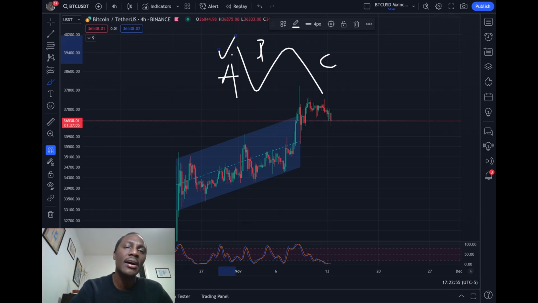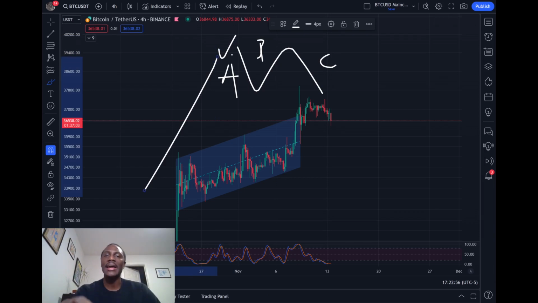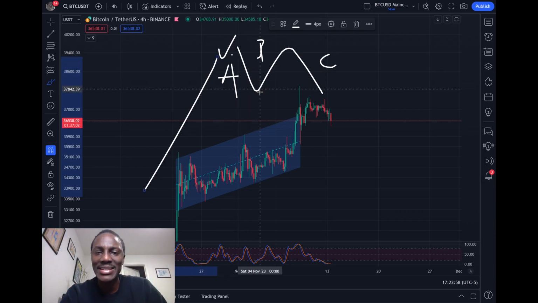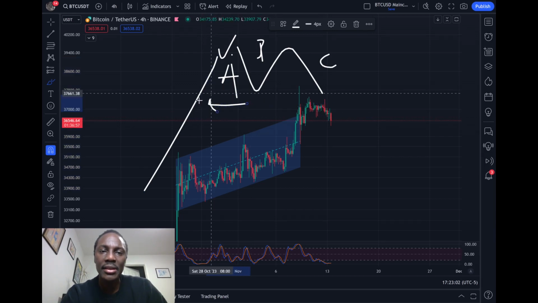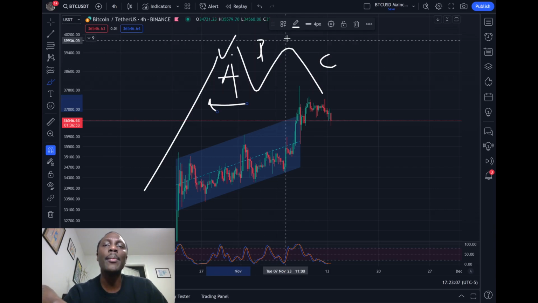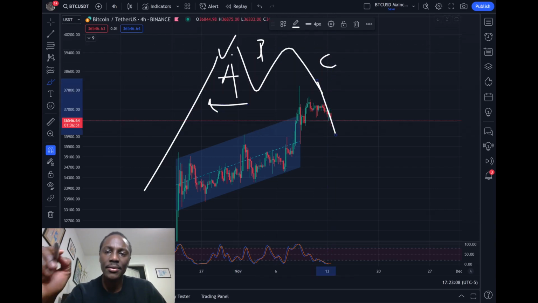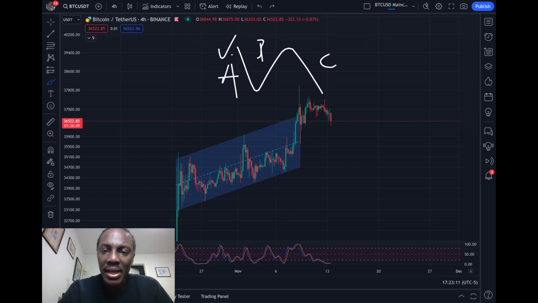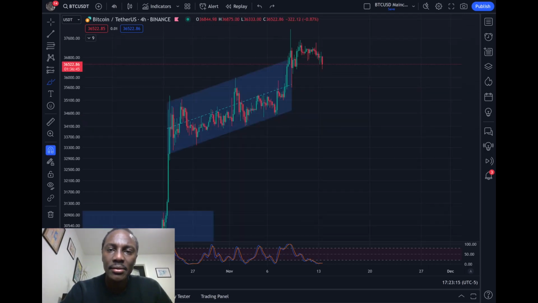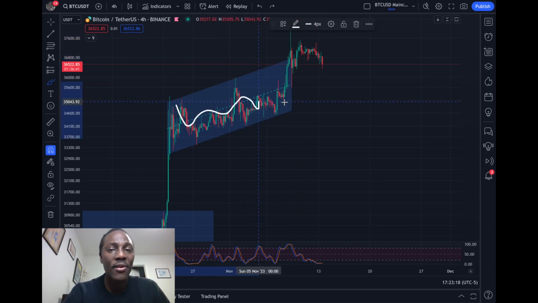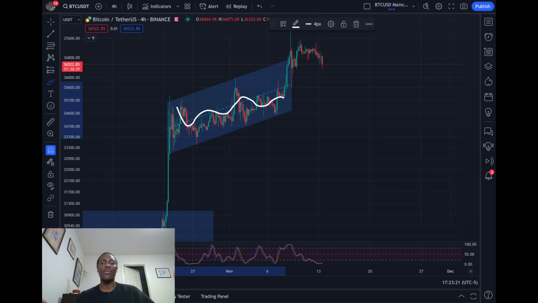So if it's a break to the downside, that initial break of structure will break down and hit usually a wave 4 of the previous trend, right? And then come back up and then go back down. Okay, so this to me looks like an initial break of structure, and this to me looks like a wave 4. It acts like a wave 4, talks like a wave 4, walks like a wave 4.